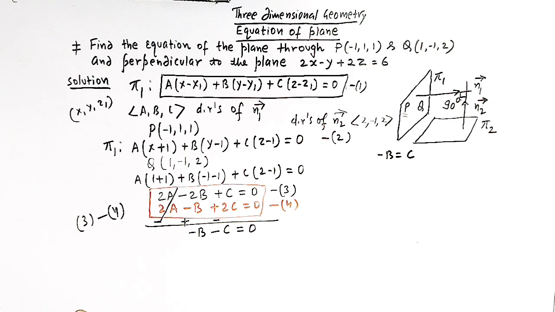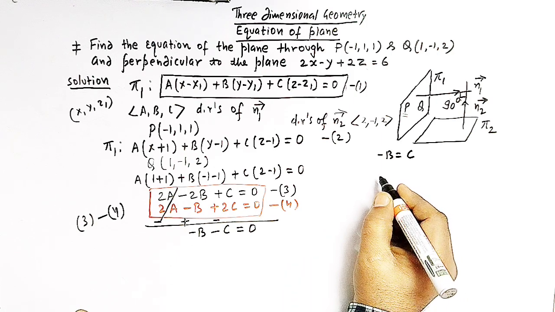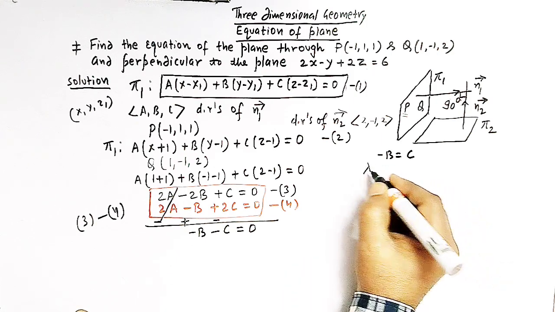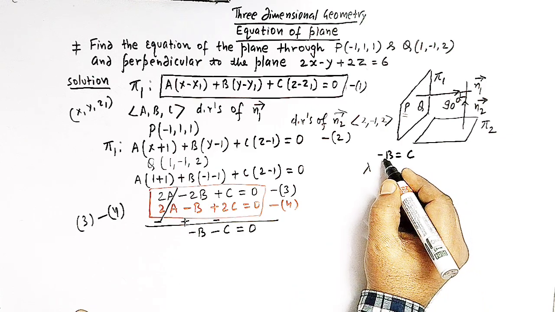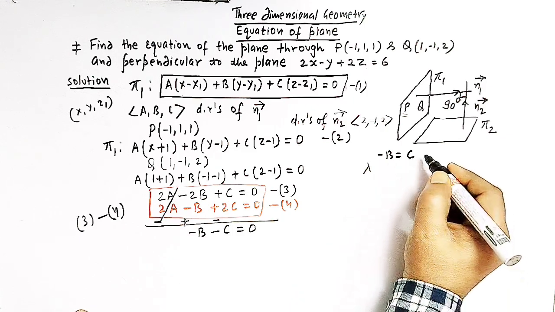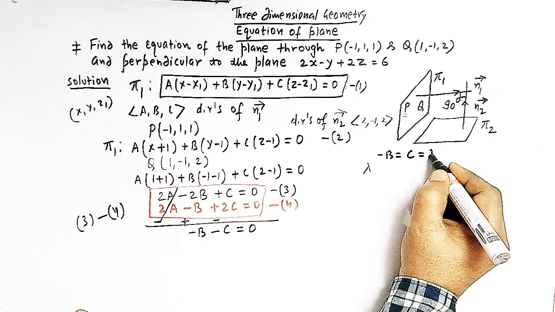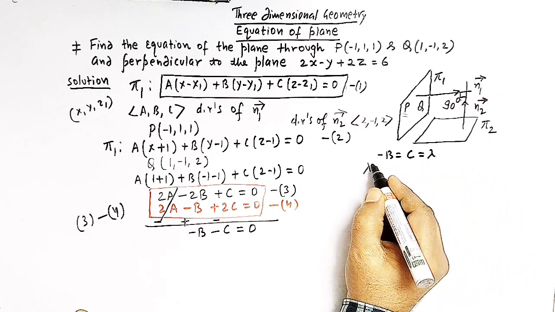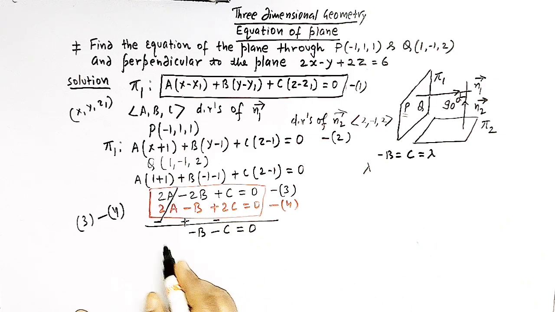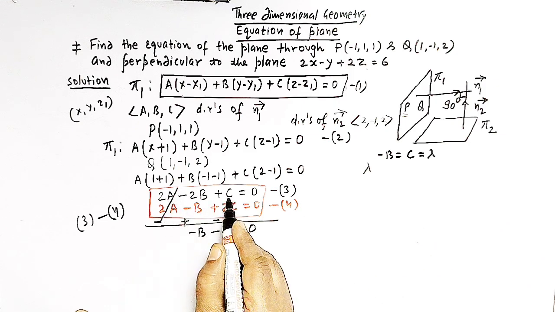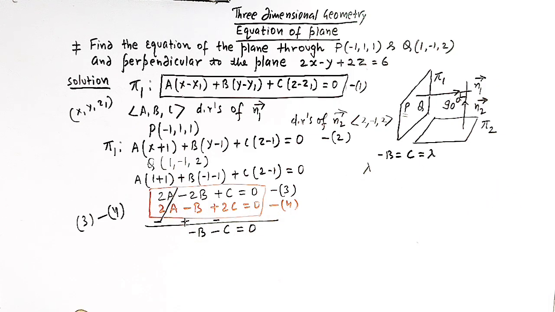So now here let us introduce a scalar, say lambda, which is a real number, right? So we can take minus b is equal to c is equal to lambda. So the purpose of introducing this scalar lambda is to express a, b, and c in terms of lambda.